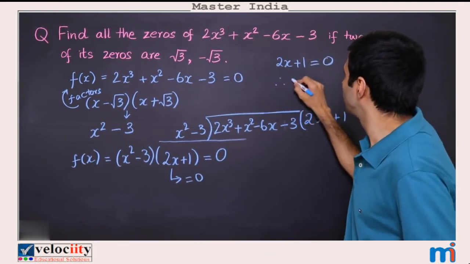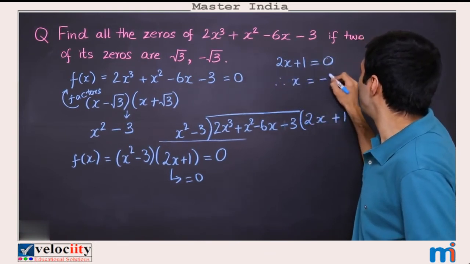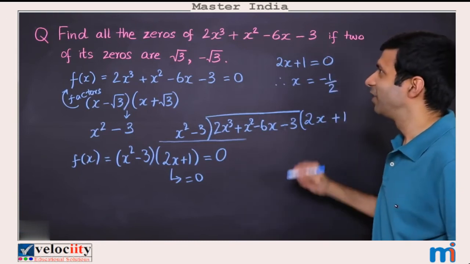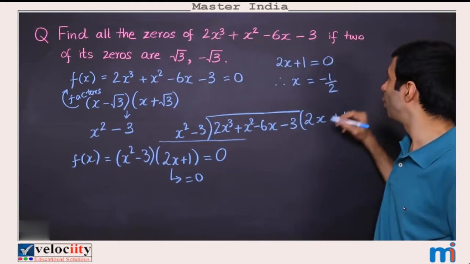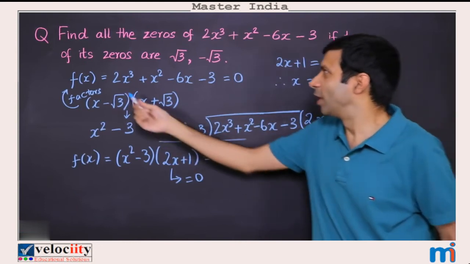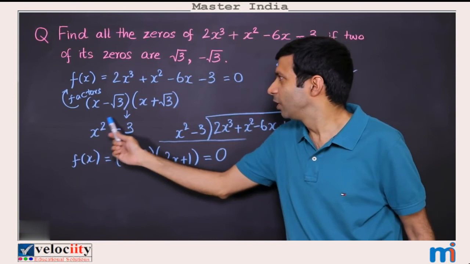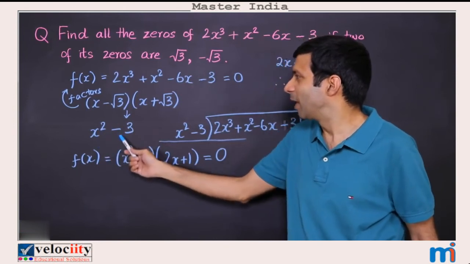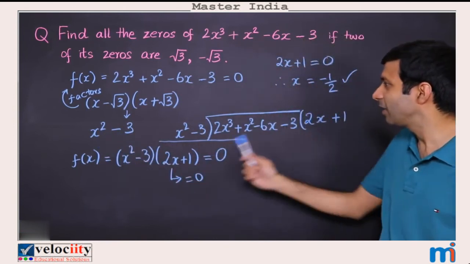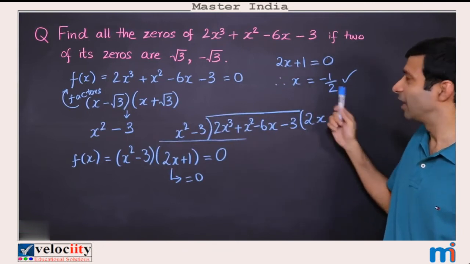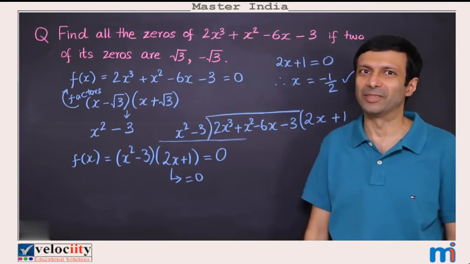Therefore, x equals minus half. So that's the other 0 of this polynomial. Using these two, we found the x square minus 3 and we divided by that, and we easily got the other 0 of this polynomial.